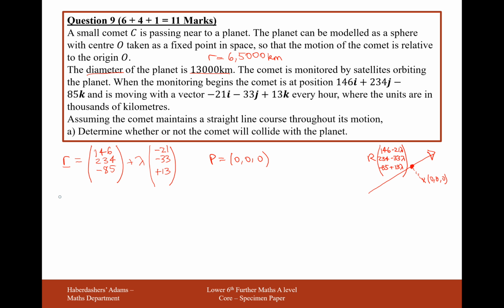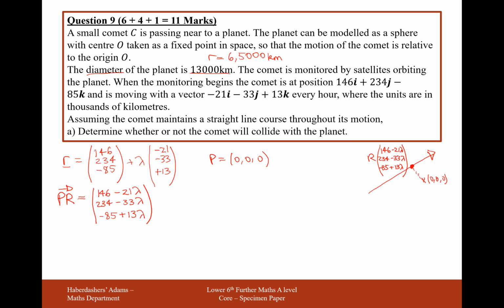So the distance from P to R is the distance from our coordinate to (0, 0, 0), which is just going to be (146 minus 21 lambda, 234 minus 33 lambda, and minus 85 plus 13 lambda).